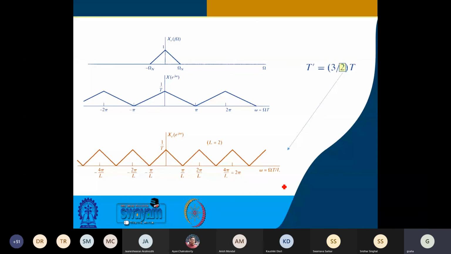So here is one such example. You can go for 2 by 3 on your own. Take 3 by 2: first you do the interpolation, and you get these copies.